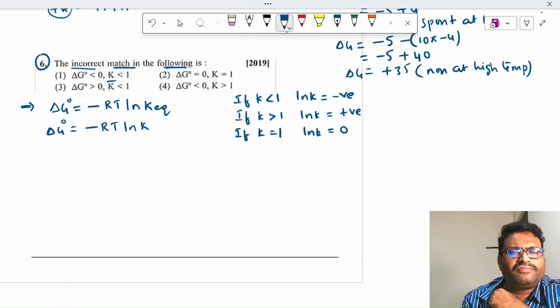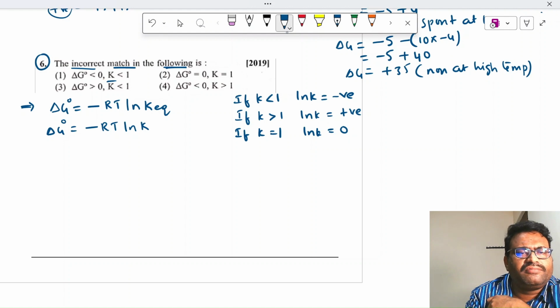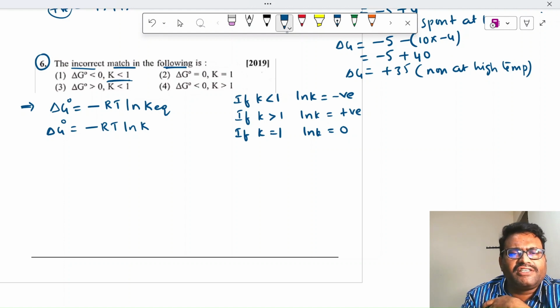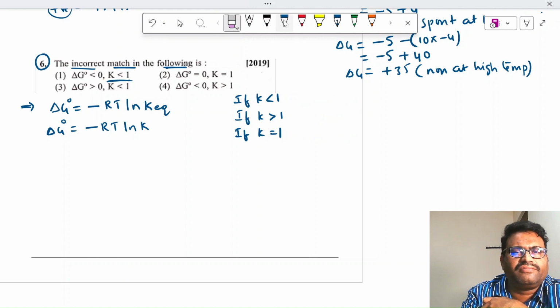So let us take the first condition, K is less than 1. You can also write the equation in a different way.